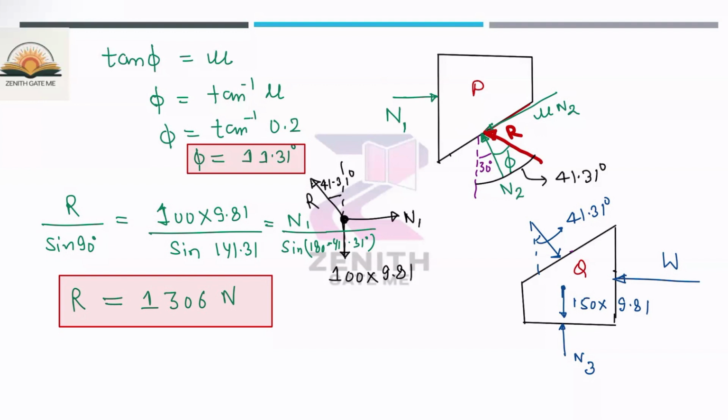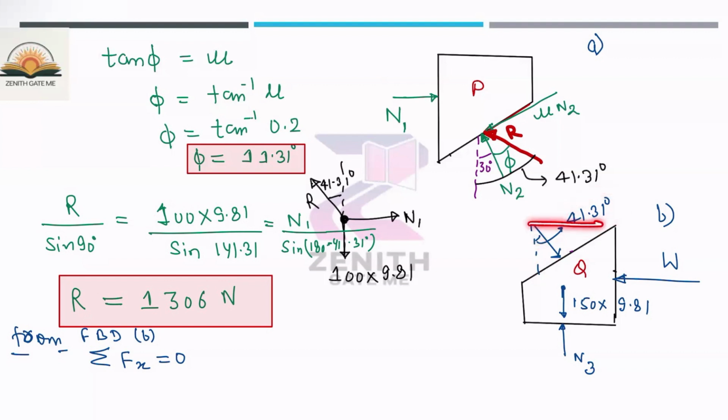If you balance the force in the X direction, then you will get the value of W. So take the summation of force in the X direction equal to 0. Let us suppose this is the free body diagram A and this is B. From the free body diagram in case B, for the summation of force in the X direction, if you resolve this force in the horizontal as well as vertical, this is the theta angle, which is 41.31.